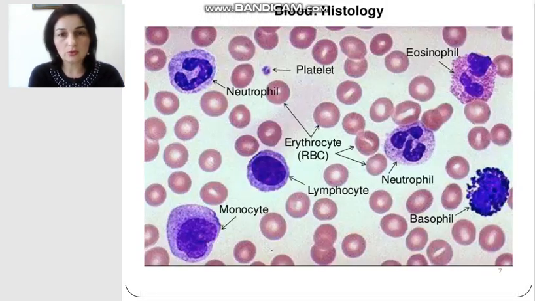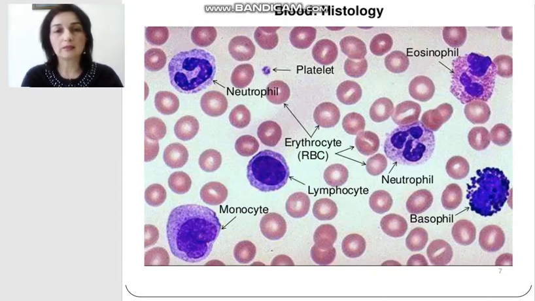As we know, the average person has approximately 5 liters of blood, which constitutes 7% of his weight. The blood is a reddish fluid, which circulates within the circulatory system, and it is pumped by the heart into the vessel system.